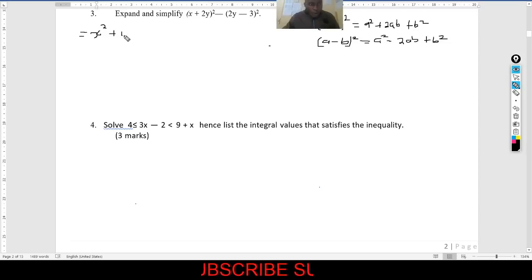So it's plus 4xy, then plus this squared, that is 2y squared, that is 4y squared, then minus, we put a huge bracket here, we deal with this one.